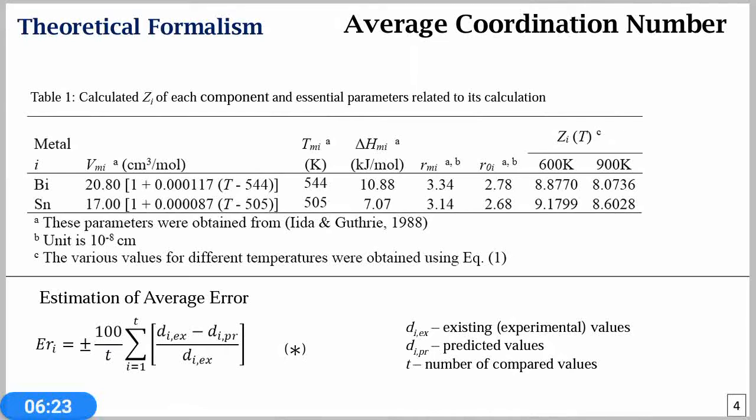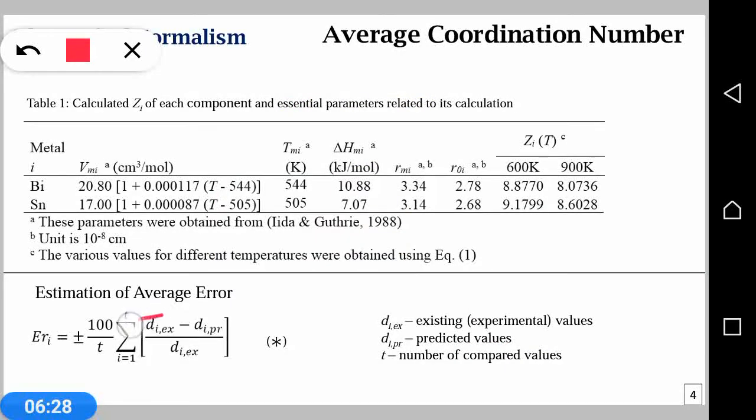Equation asterisk here is used in estimating average error. The average error estimation is used to quantify the agreement between two sets of data, especially existing and predicted data.